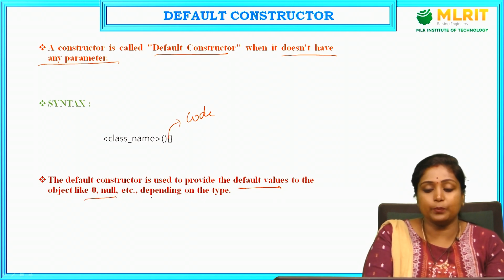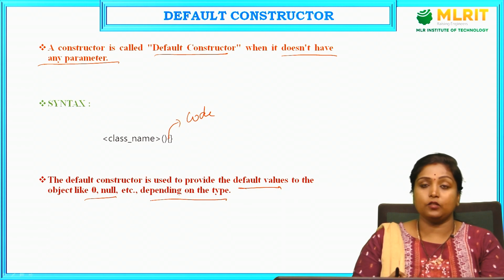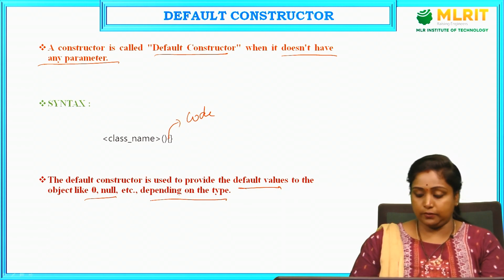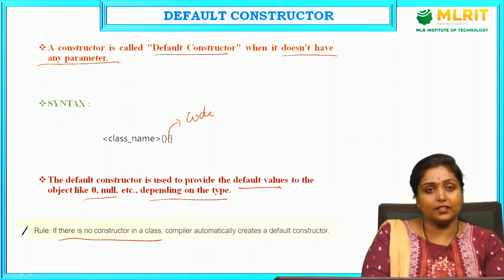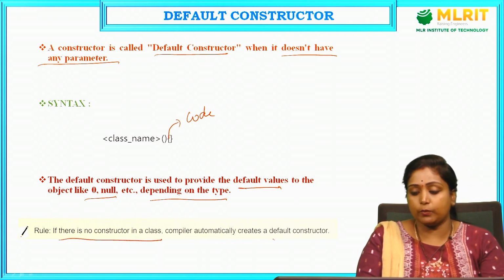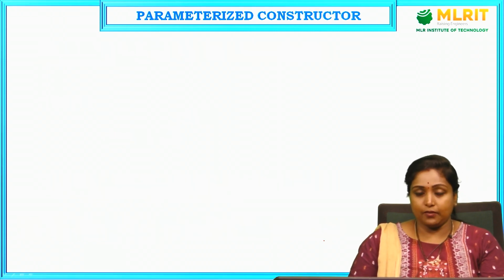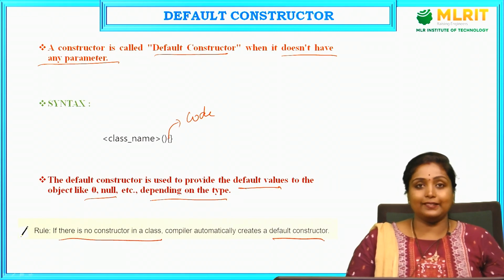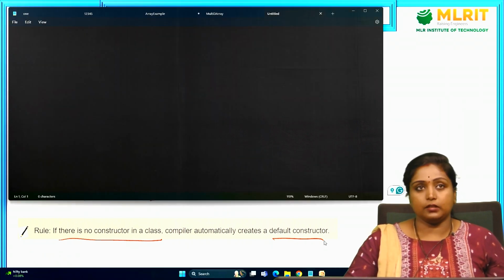Like that, it depends on the type, and it will initialize the values in the case of a default constructor if you did not give any. Okay. So the rule is: if there is no constructor in a class, the compiler automatically creates a default constructor and initializes the values. So let us see a small example program of constructors, default constructors.